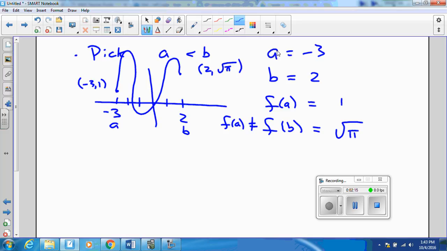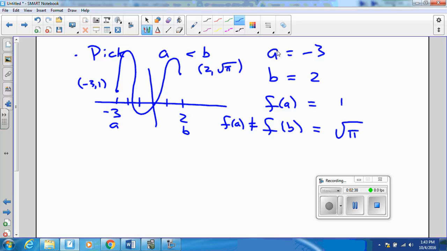And the function has to be continuous, so it has to be all in one pencil stroke. Okay, everybody got their continuous functions drawn?